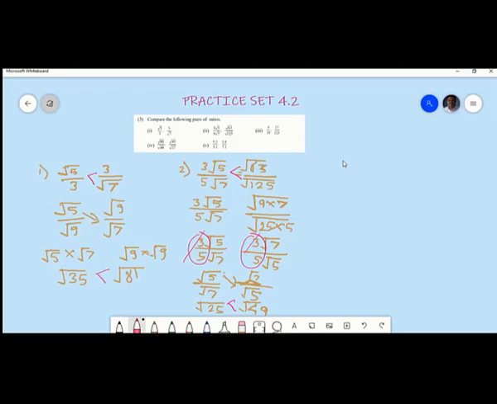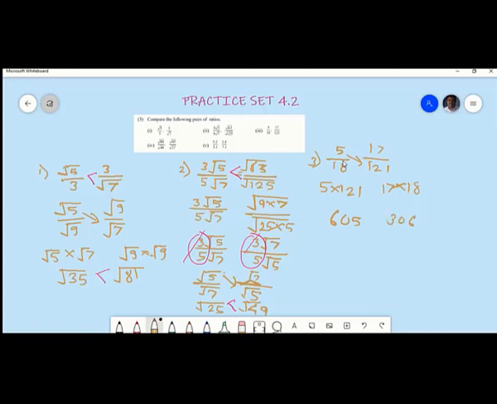Third example. 5 upon 18, 17 upon 121. So make the cross multiplication: 5 into 121 and 17 into 18. 5 ones are 5, 5 twos are 10, 5 ones are 5, so 605. 17 eights are 136, and 17 into 1 is 17, 136 plus 170 is 306.